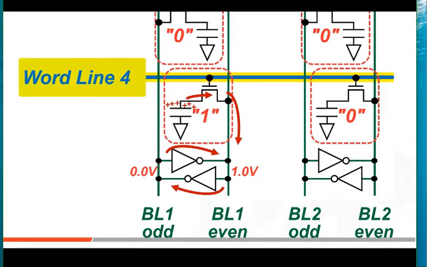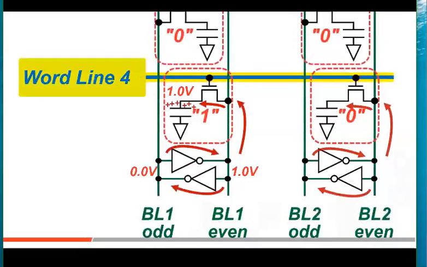This inverter loop continues until the even bit line is being actively driven to 1 volt by this second inverter, which then refreshes the capacitor to 1 volt, just like we wanted.